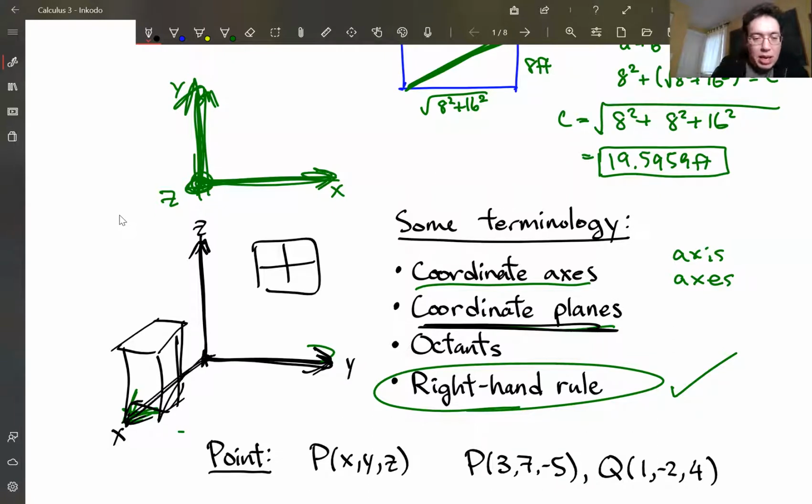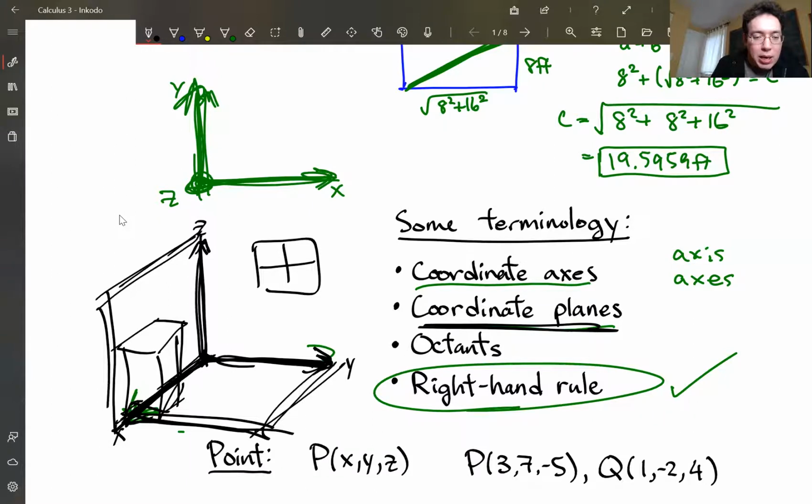So the x-axis and y-axis span the floor of this room. That's the coordinate plane, the xy plane. The left-hand wall that you see is spanned by the x-axis and the z-axis, so the left wall is going to be the xz plane.